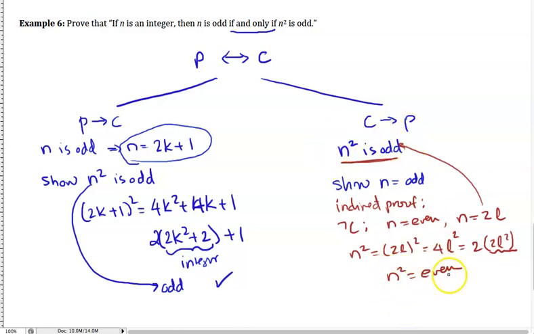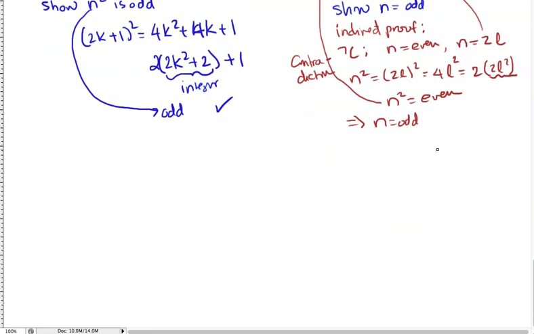I came to the conclusion that n squared is even, so these contradict each other. Contradiction. Therefore, n has to be odd. It can't be even. So here's my equivalence proof going both ways. I have to go both ways to show equivalence. All right.